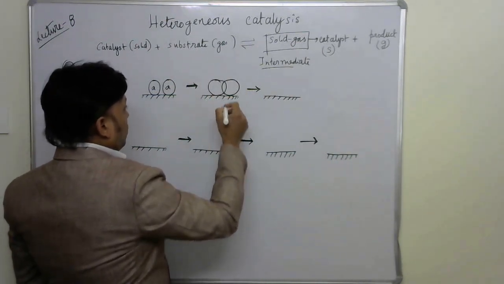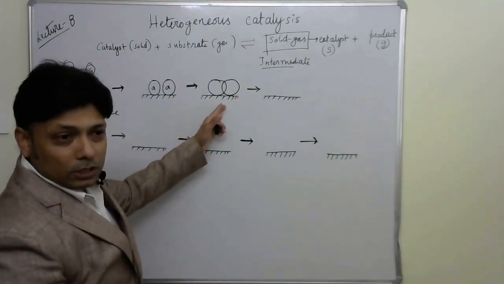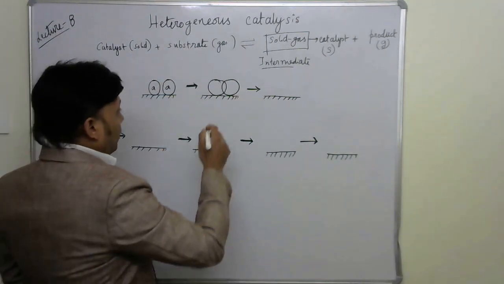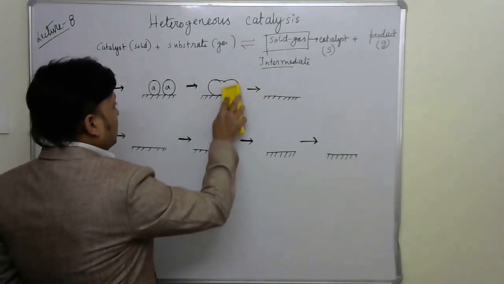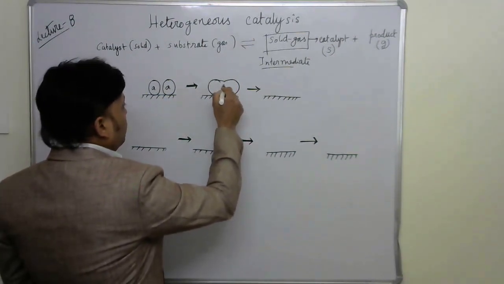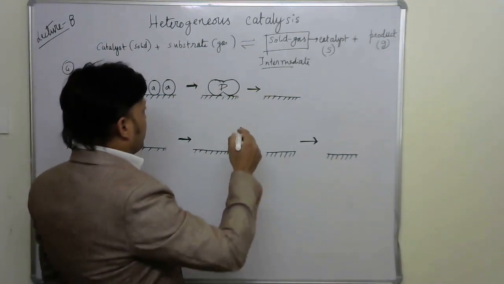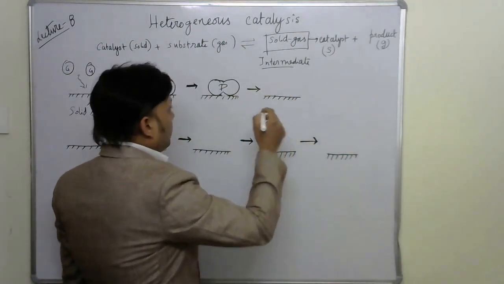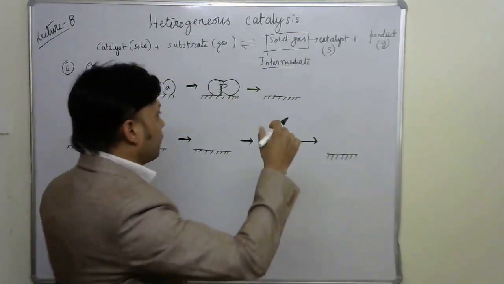So we can then draw something like this, a picture. Okay, so this is how the chemical reaction happened over here, and we can call it the product P, because after reaction the product is supposed to be formed. And then at the last step, this product has to go away from the surface.